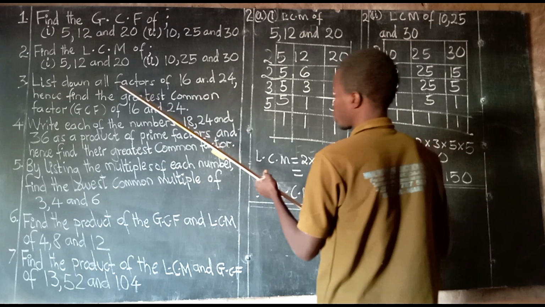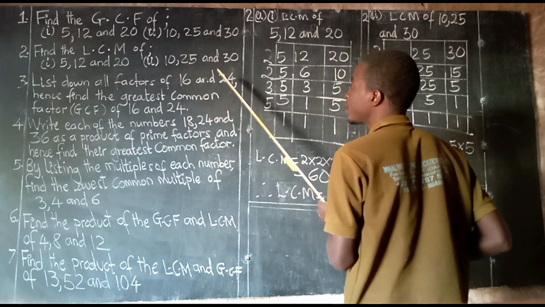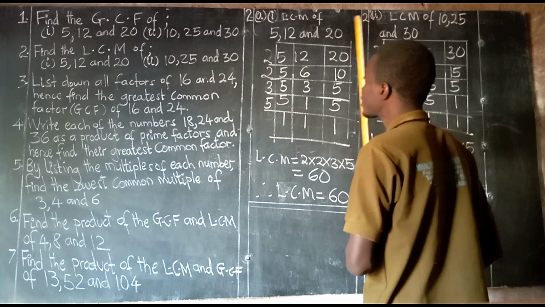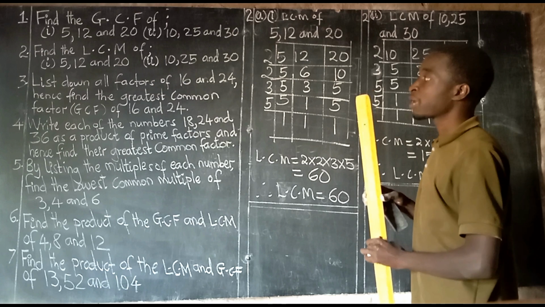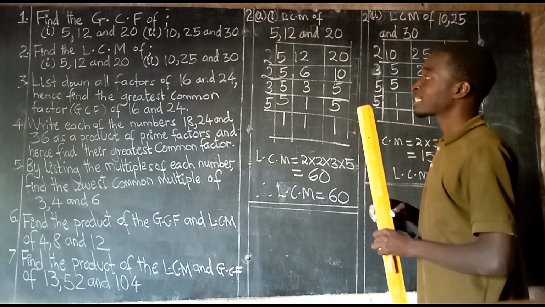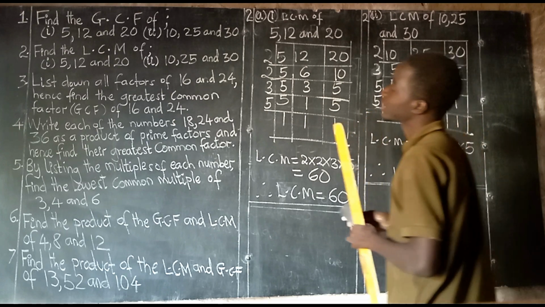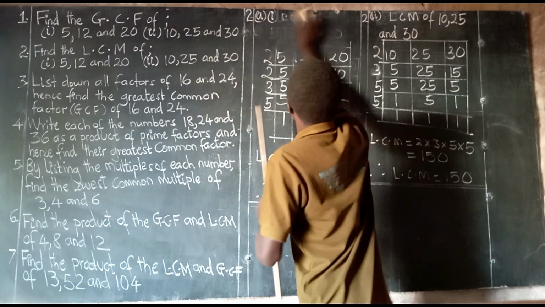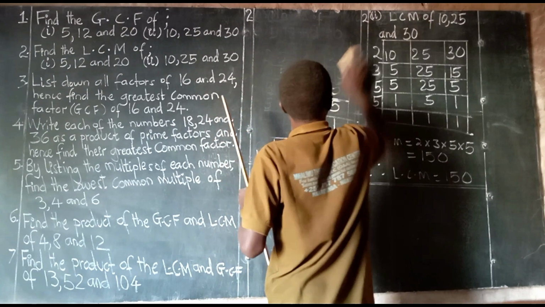Here, you are told to first list the factors of 16 and 24, and after listing those factors, you are going to use them to find the greatest common factor, the GCF. So let us see the way we do it. The way we solve it is as follows.